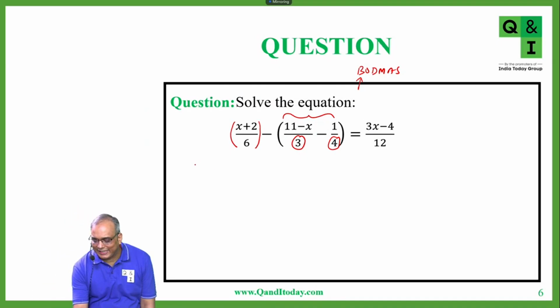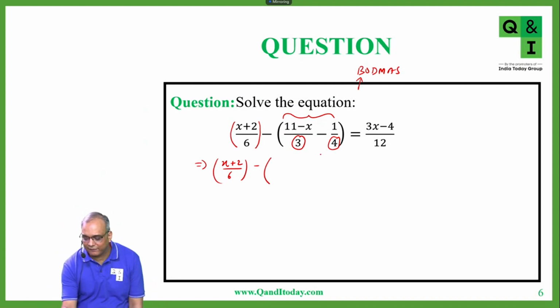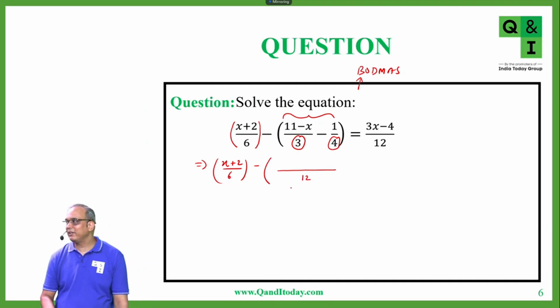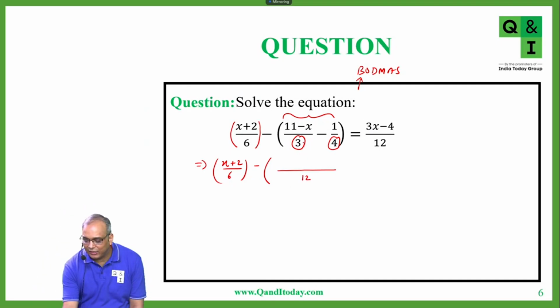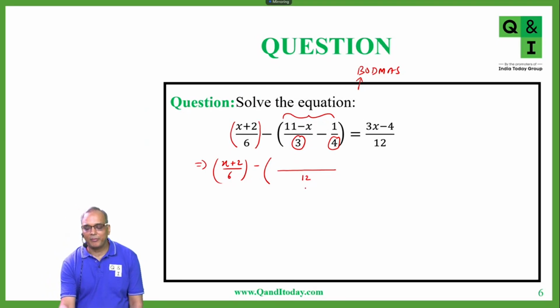So as I said, this x plus 2 over 6 is taken as one term minus of, we'll solve the thing which is inside the bracket first. So LCM of 3 and 4 is 12. So here we'll have 12. And then we know that because in the denominator of 11 minus x, we have 3, we will multiply both numerator and denominator by 4.